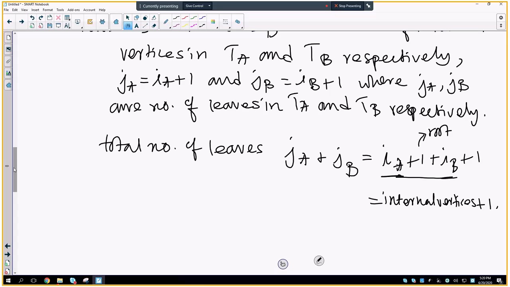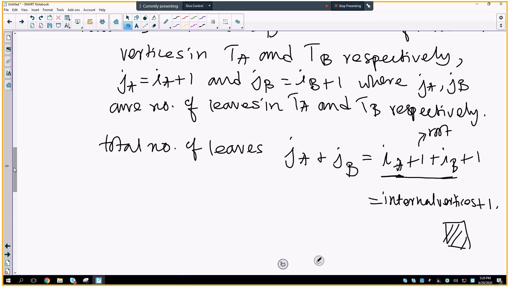We wanted to show that for the tree that has k plus 1 many vertices, the total number of leaves is exactly one more than the internal vertices. So by induction, for any full binary tree, the number of leaves is exactly one more than the number of internal vertices.